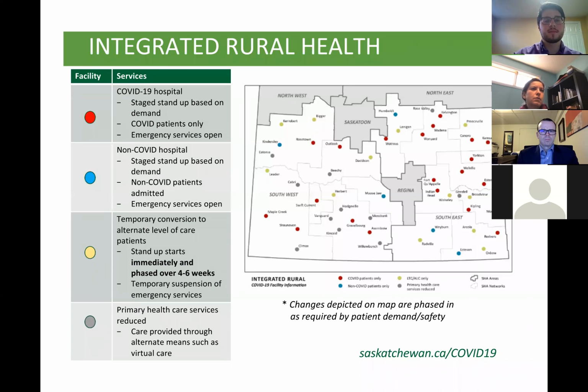And after the transport was completed, the cleaning protocols of the vehicle would take place.